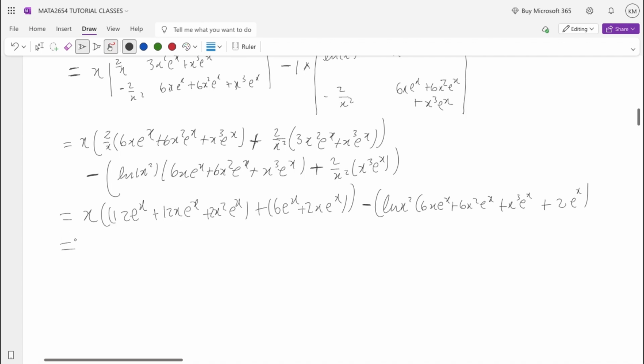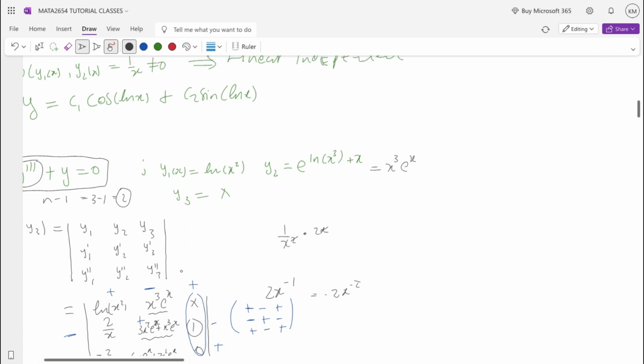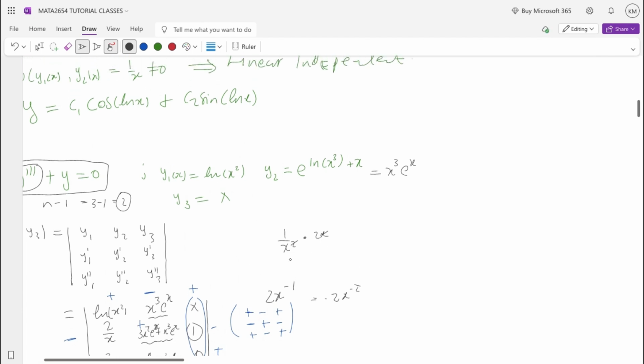So what can we say? Let's see, and stop wasting time trying to simplify. Let's see the interval. In which interval can we say this is defined?